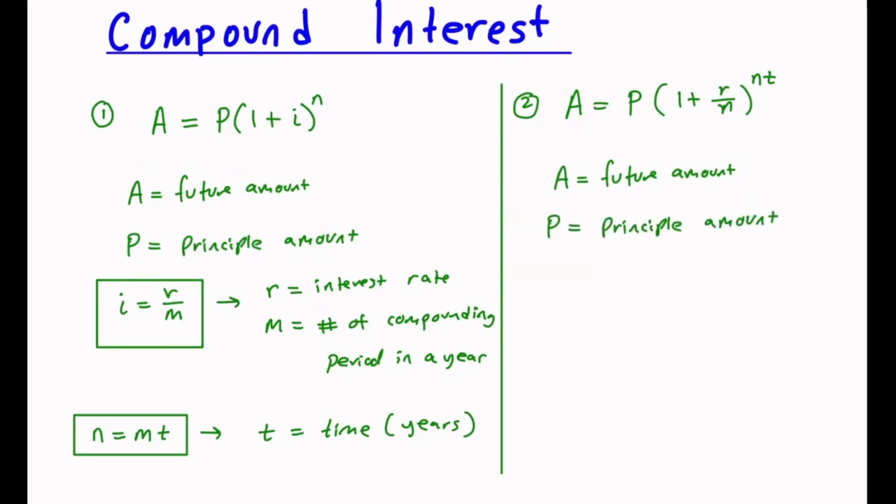Now there is no i in the formula, but the i is really the replacement of this r over n. Now be careful, this n is not the n we have in the first formula, but it's replacing the m, which is the compounding period in a year. So you have to be very careful that the new variable n is the number of compounding periods in a year.